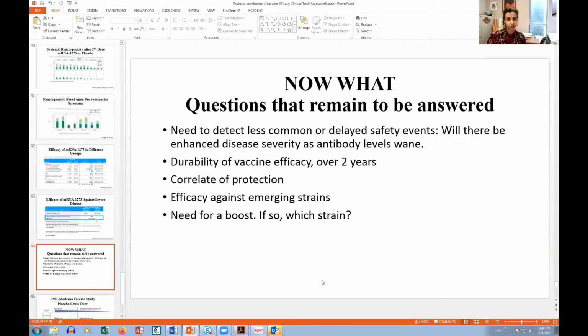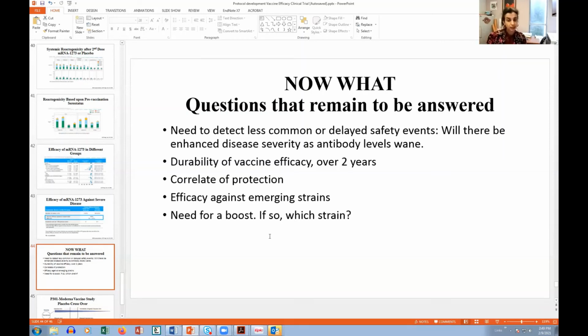Efficacy against emerging strains was a non-issue up until a few weeks ago. Now we know that sera from the vaccine recipients have a five-fold reduction in neutralizing the South African variants, but that's in a pseudo-neutralization assay.